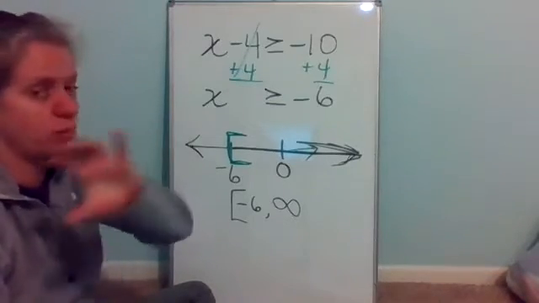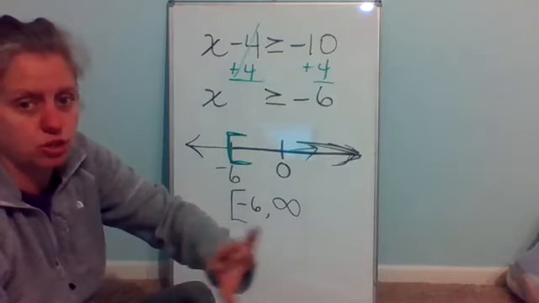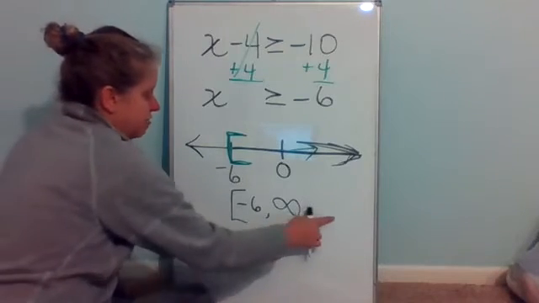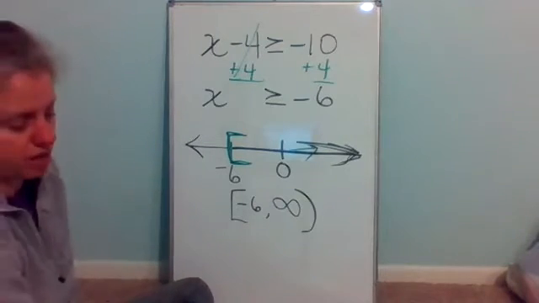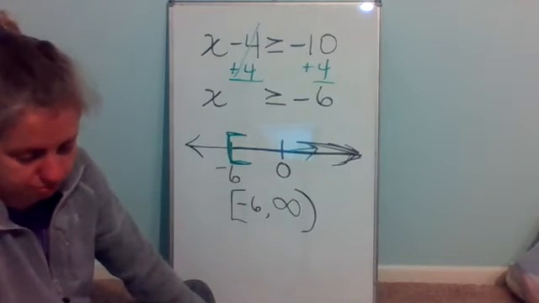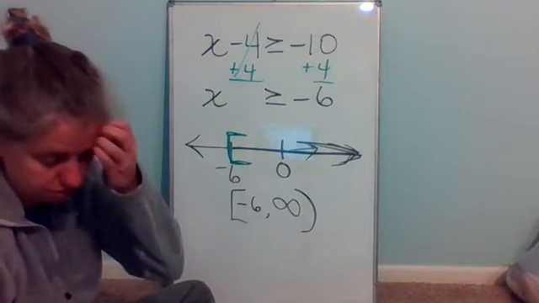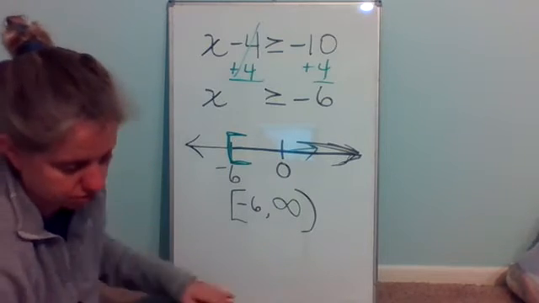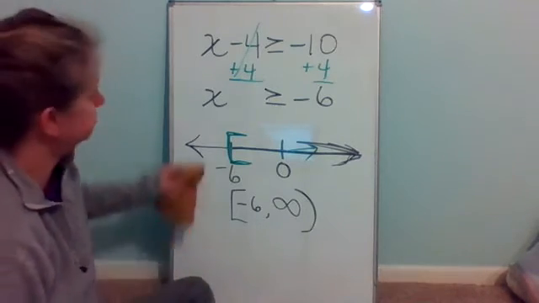Again, that sideways 8 will be in MyMathLab down there where you type in your answer. You'll see a sideways 8. And infinities always have parentheses. They don't ever have brackets. Okay?